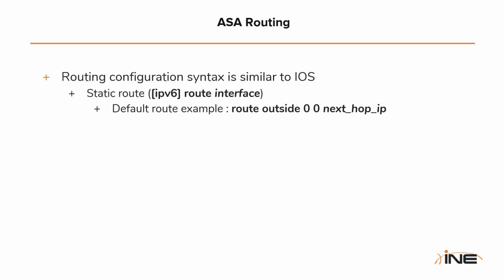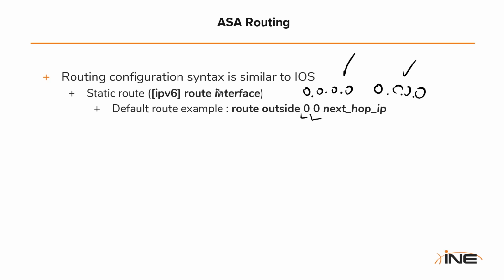Now, what's going to be slightly different is how you build a default route. So you could technically use four zeros and then another four zeros for the mask, but you can easily abbreviate this with just two zeros. So when you say 0 space 0, it's basically an abbreviation of four zeros followed by four zeros.